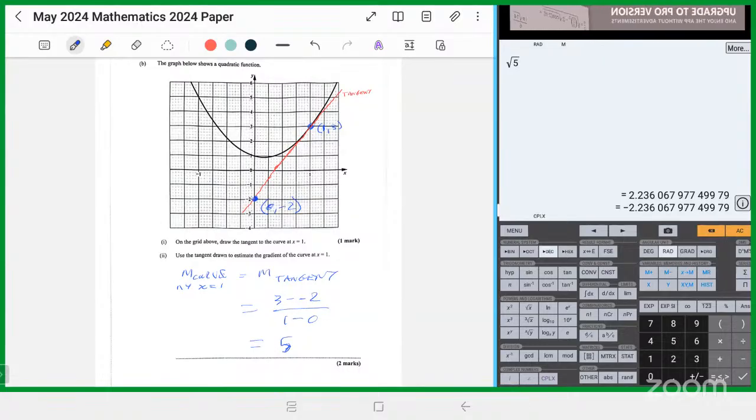At that point, the tangent and the curve have the same direction, hence the same gradient. This is a good way of estimating the gradient of a curve at a point: draw a tangent to the curve at that point and calculate the gradient of the tangent by finding 2 points on it.